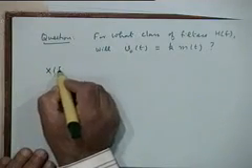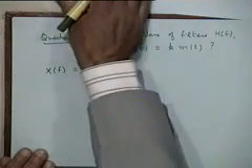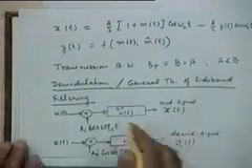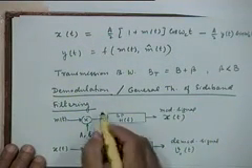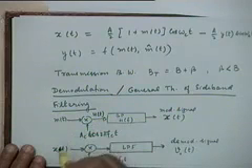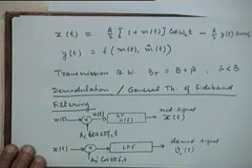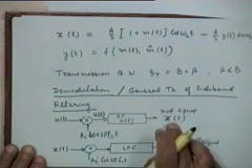To start doing that, let's look at the spectrum of the modulated signal. Let me call m(t) A_c cosine 2 pi f_c t as u(t). Then what is X(f)?